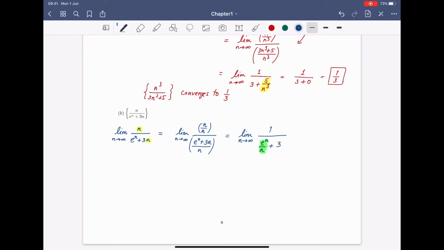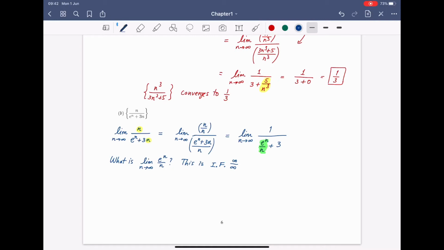So let's take a step back and think, what is the limit of e to the n over n when n goes to infinity? If you look at this closely, you can see that this is an indeterminate form, infinity over infinity.